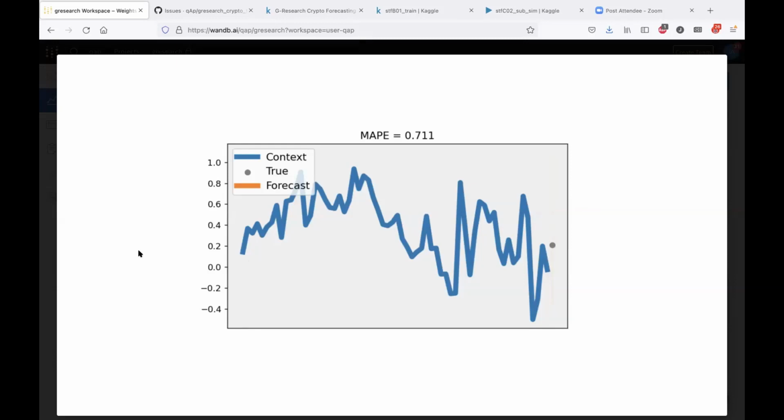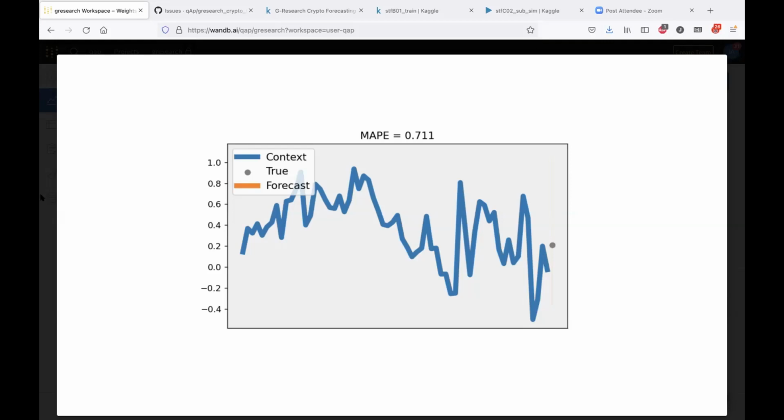I found that quite interesting, because in computer vision it's quite common to train at a smaller size and infer at a larger size. So I also tried doing that for my submissions, but I didn't see any improvements when I increased the context length at inference.